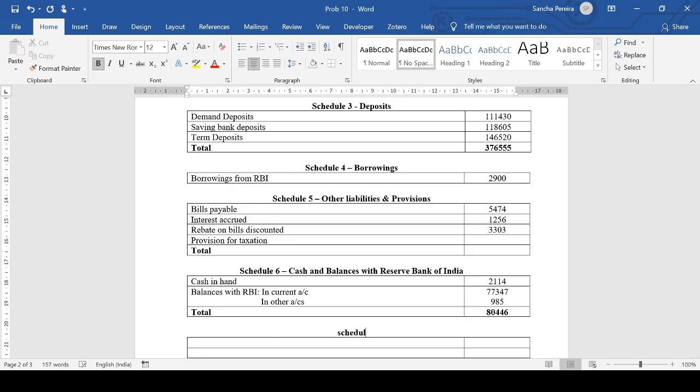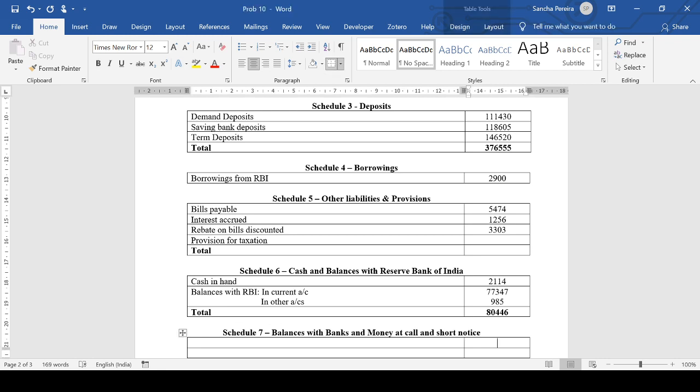Next is Schedule 7, balances with banks and money at call and short notice. So that comes to balance with other banks in current accounts.